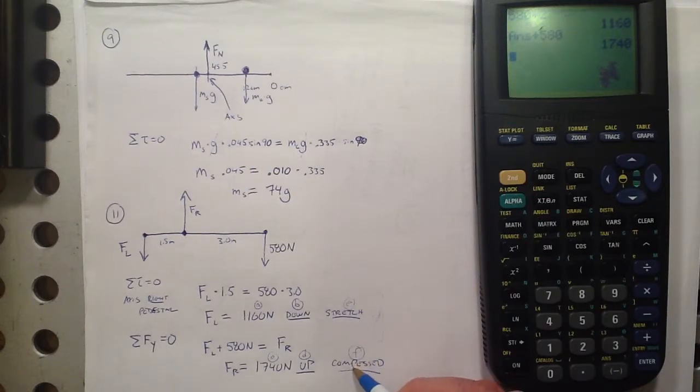Let me just check the answers here, make sure I didn't steer you wrong there. So that's good. Down, that's good. Up, and then left and right. Yep. All good. Cool.